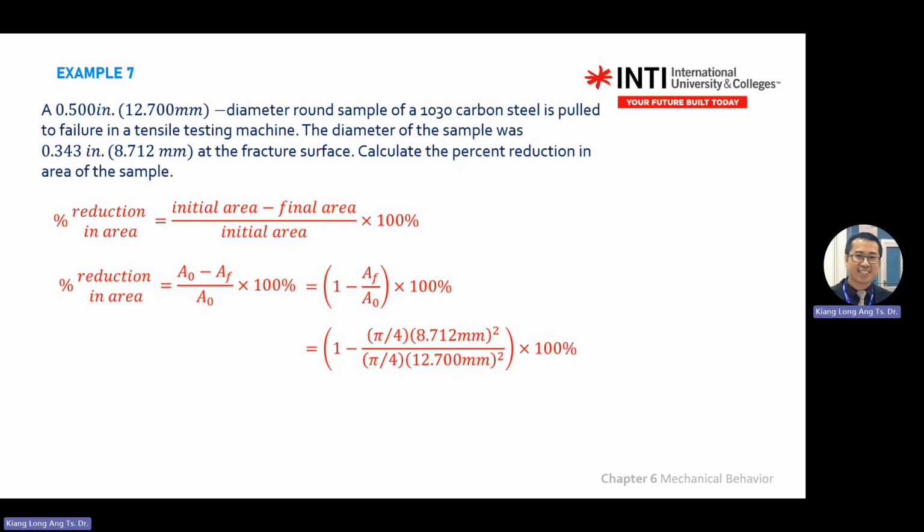So in this case, we take initial minus final for area, as a percentage. For length, we take final minus initial under tensile loading.